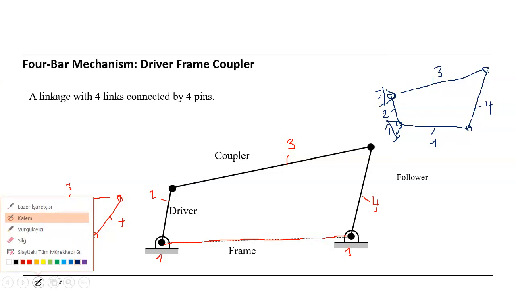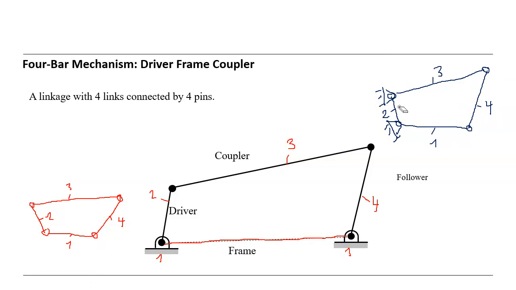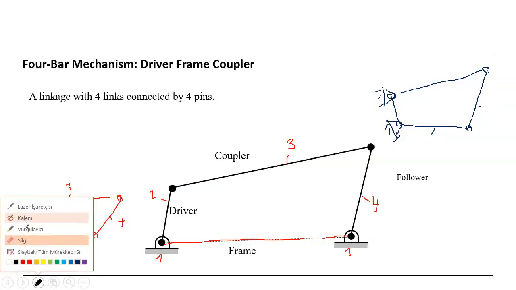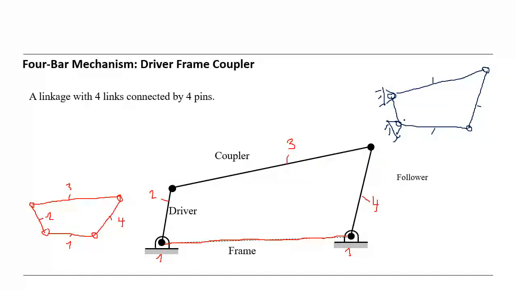So please pay attention to that. For the grounded one, we use the 1. That means here this is 1, and this could be 2 and 3 and 4, like this.